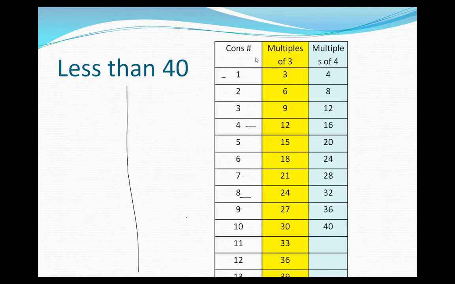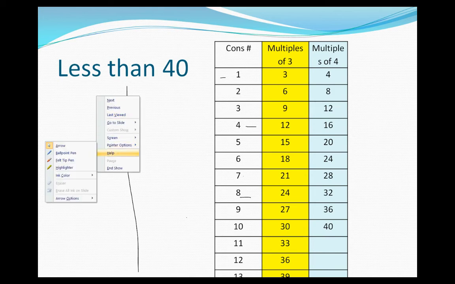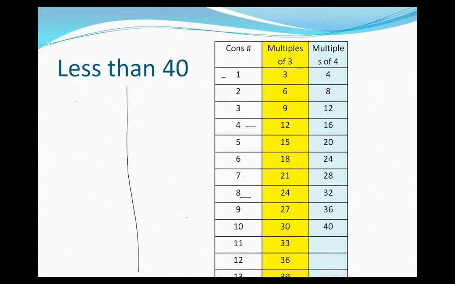So what I did was have a list of multiples of 3 that are less than 40 and multiples of 4 that are less than 40. You could go ahead and set out a table like this. It will take probably 30 seconds or a minute at most.